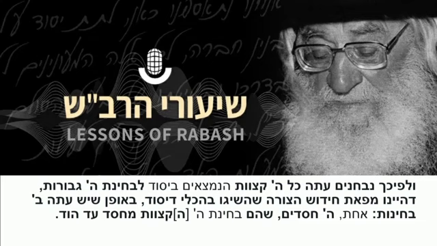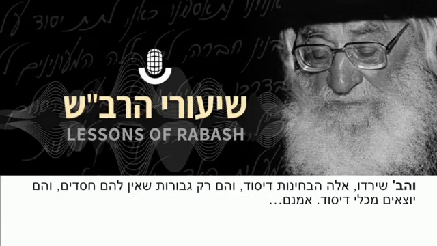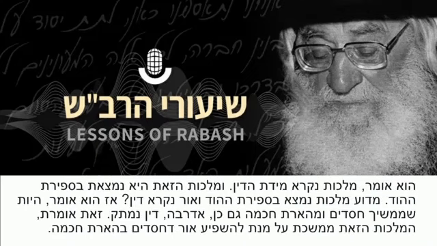Therefore, now, all 5 edges that are in Yesod are discerned as 5 Gvurot because of the innovation of form that they obtained in the vessel of Yesod, in a way that now there are 2 phases. One, 5 Chasadim, which are 5 edges from Chesed to Hod, and the second, these phases of Yesod descended, and they are only Gvurot that have no Chasadim, and they exit the vessel of Yesod.